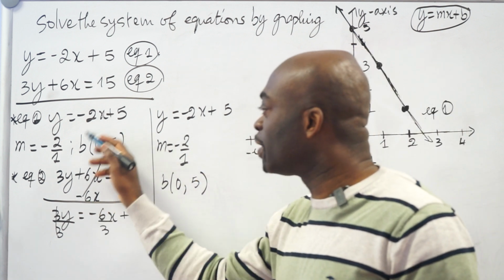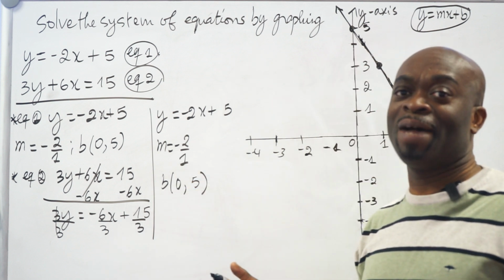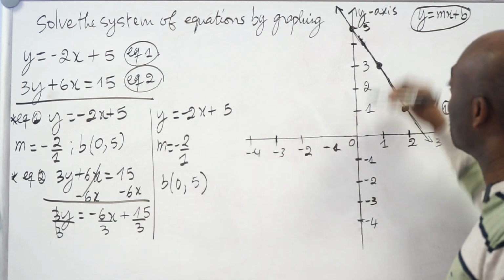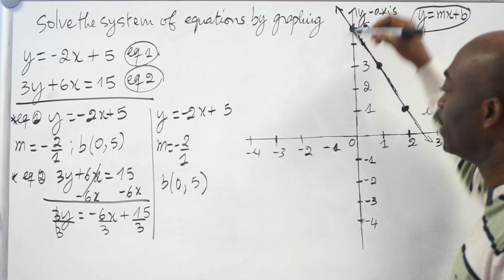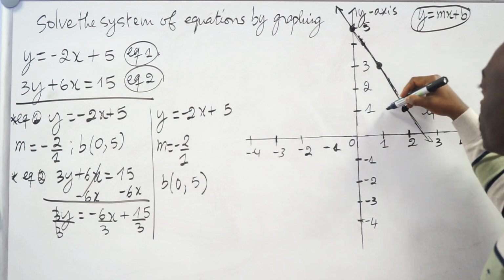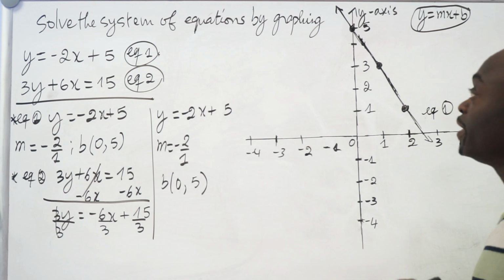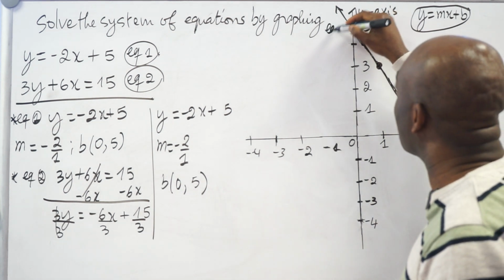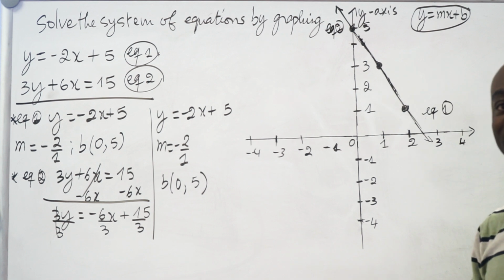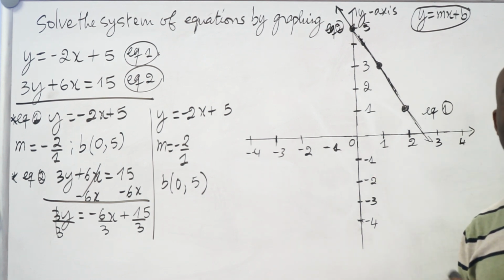And the y-intercept is 0, 5 for both. So it's the same point, and from it, slope negative 2 over 1 means 2 down, 1 over. So it's just the same line. Equation 2, ladies and gentlemen, is just the same thing as equation 1. So both equations yield the same line.